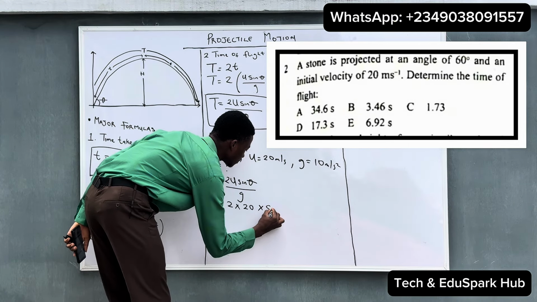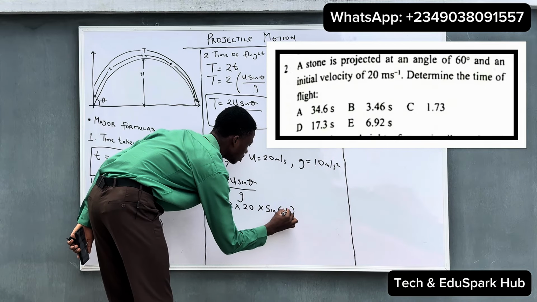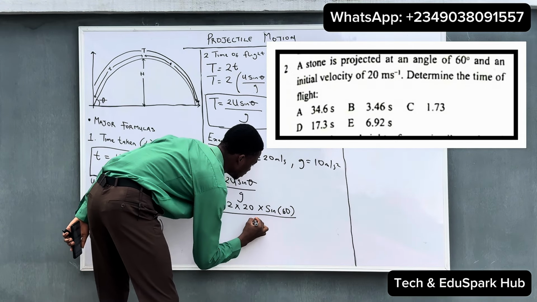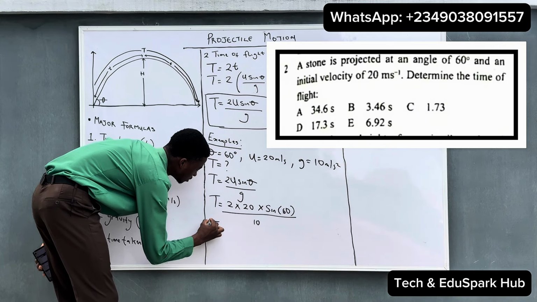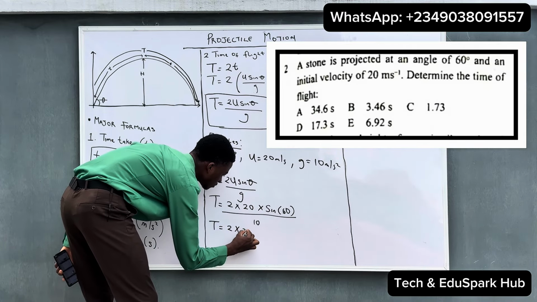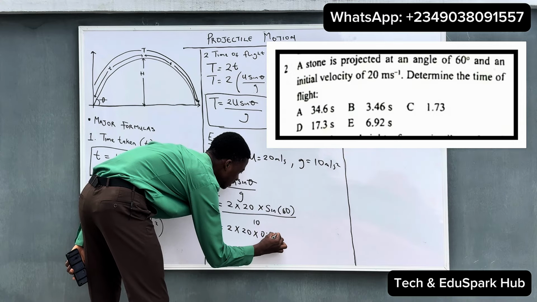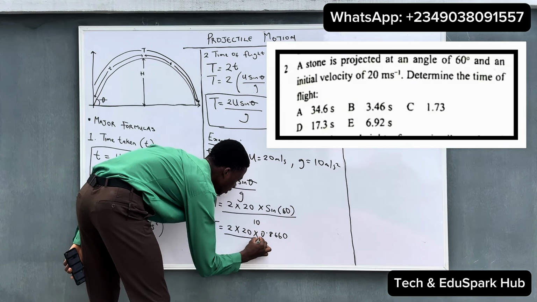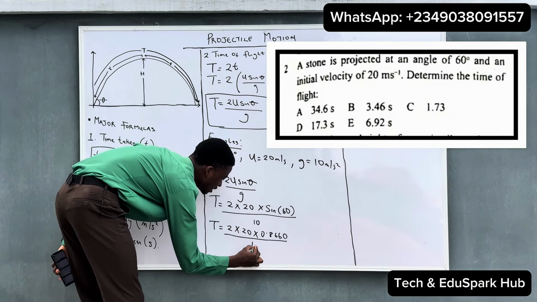We have sine 60 degrees, divided by our gravity, which is 10. So solving further, we have T equal to 2 multiplied by 20 multiplied by sine 60, which is 0.8660. When you press this in your calculator, you have 0.8660. And our 10, which is the gravity.